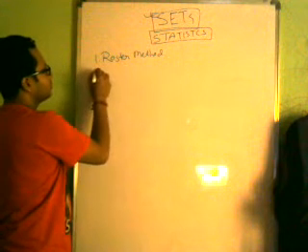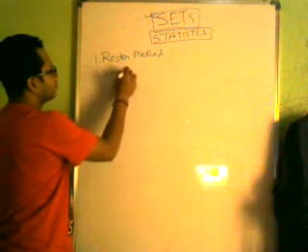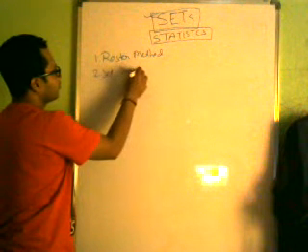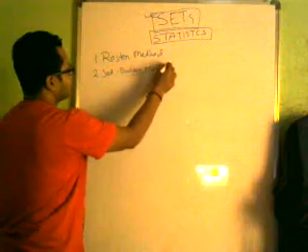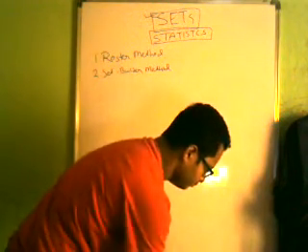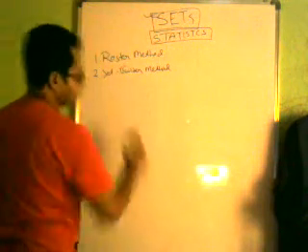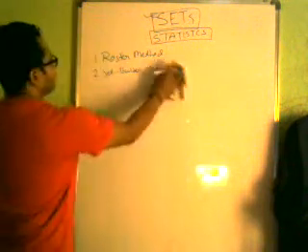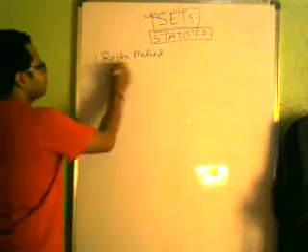Another one is the set builder method. So let's see the roster method. Let's start with the roster method first.